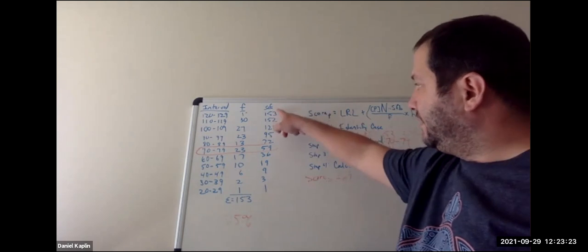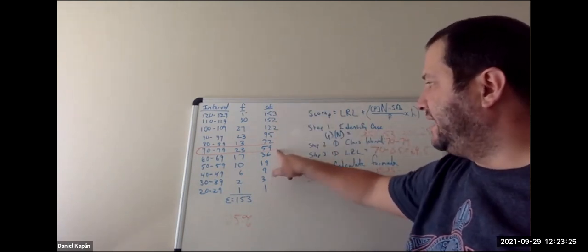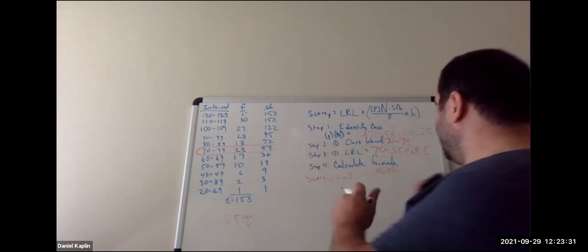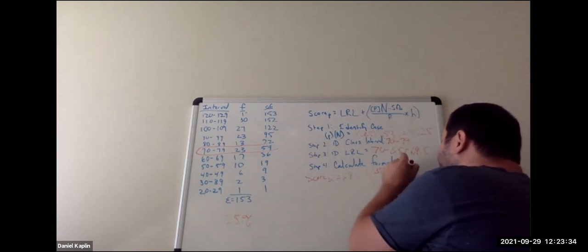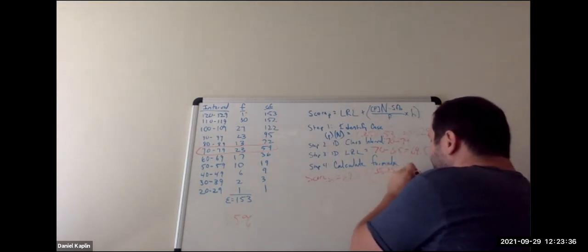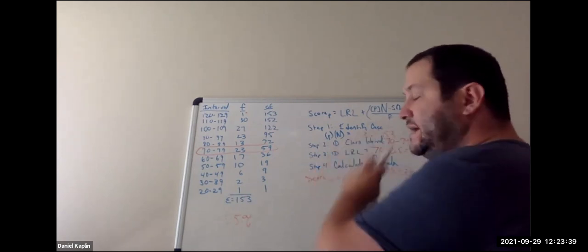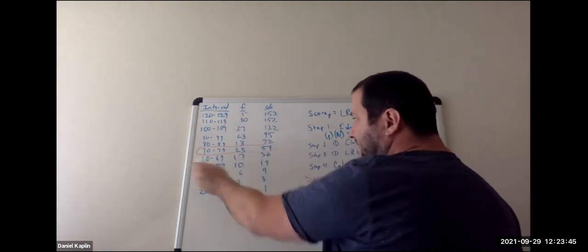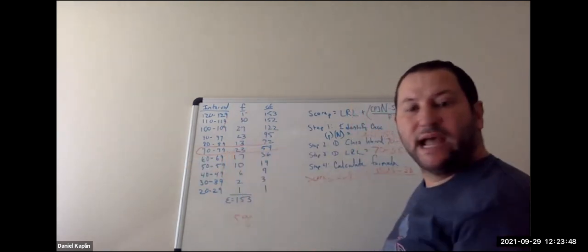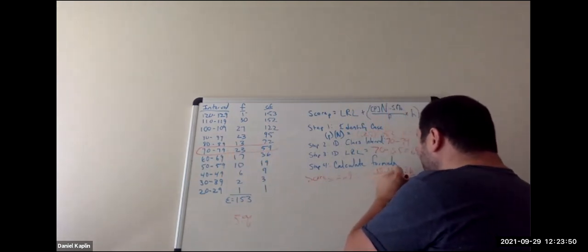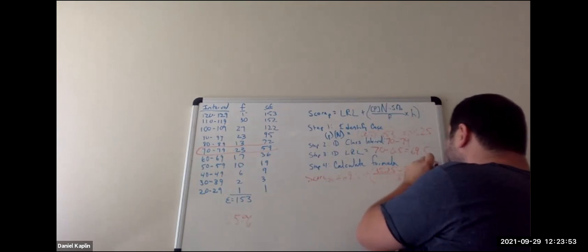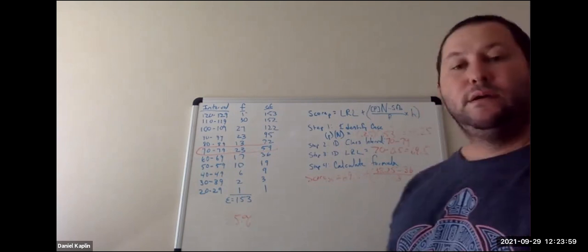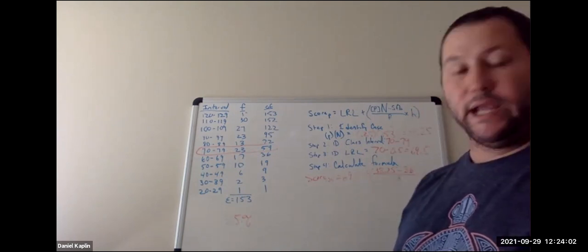If I go to the cumulative frequency column, what is the highest number below the class interval circled? 36. So I'm going to do 38.25 minus 36, divided by the frequency. Here the frequency is the frequency within, so I go back into the class that's circled and 23 is within. So we do 23 times the height, which is 10 again, like it was in the previous one. Now I've plugged everything in to where I can start working through the formula.